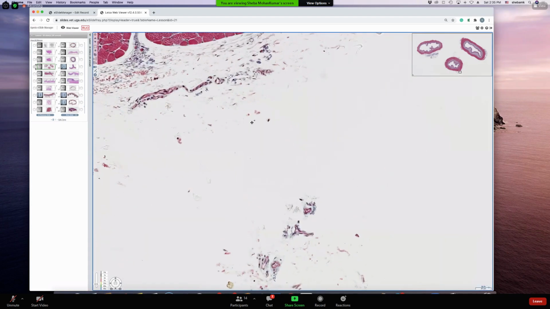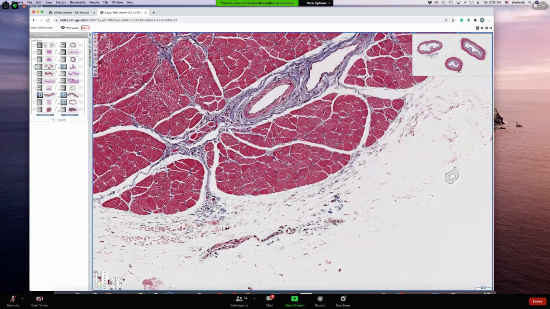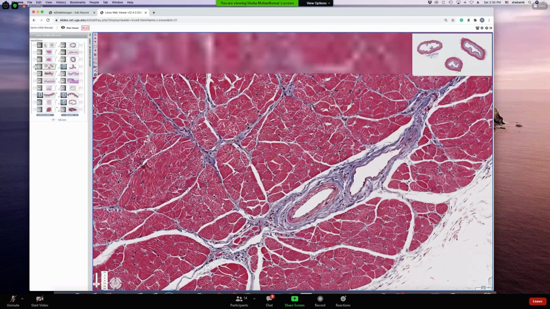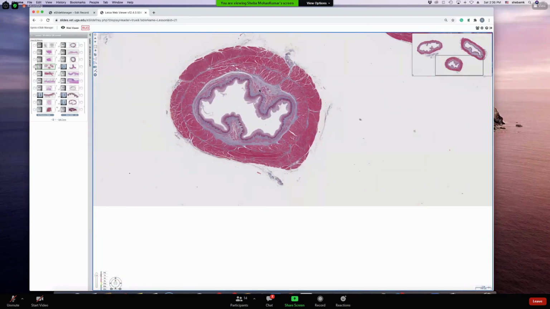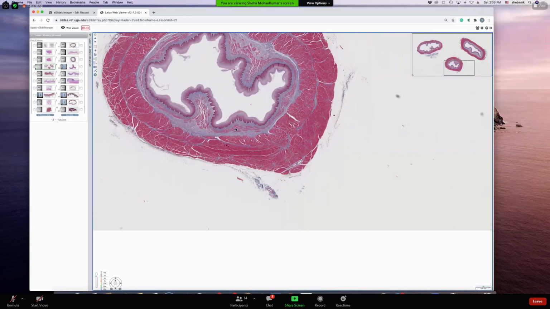Whenever you come across a structure like that, just keep identifying it, just keep pointing it out. Even from this zoom magnification, you can see there is a lamina muscularis mucosa here. So there is a distinction between the tunica mucosa and the tunica submucosa.